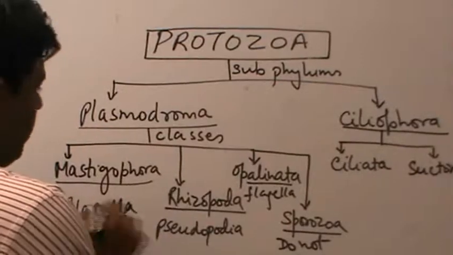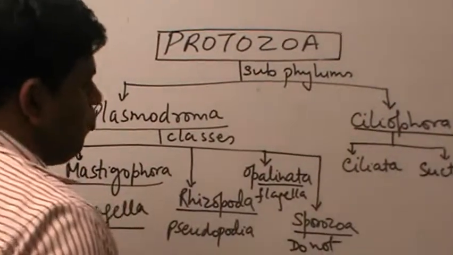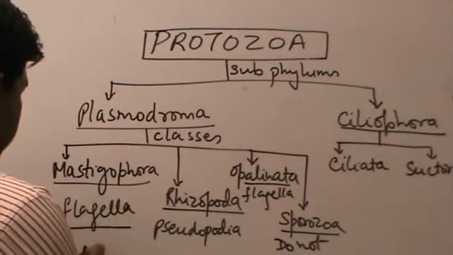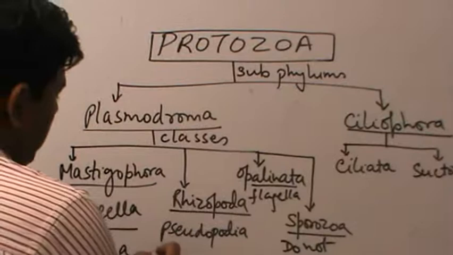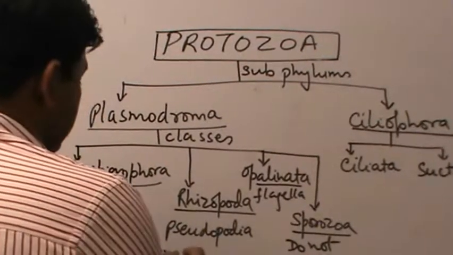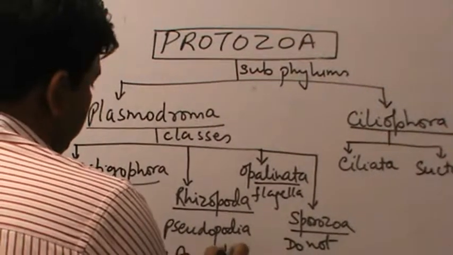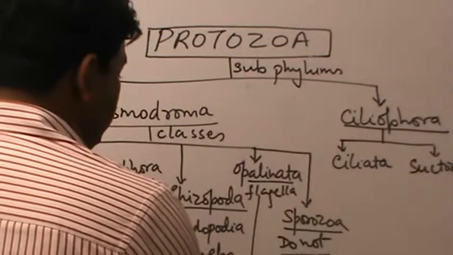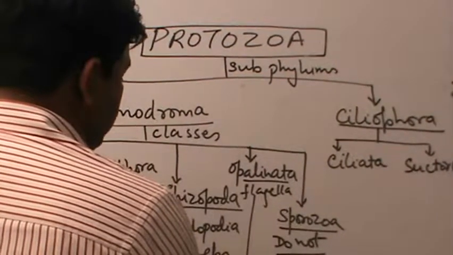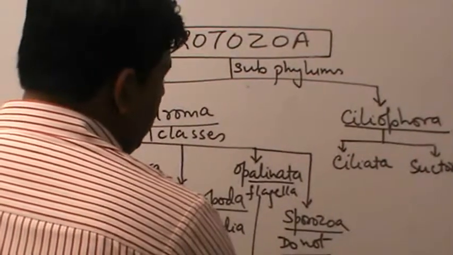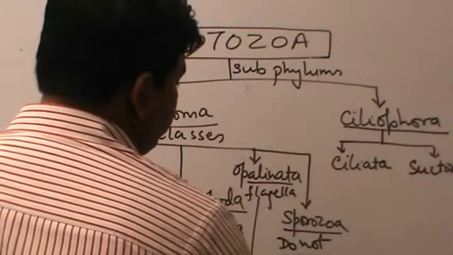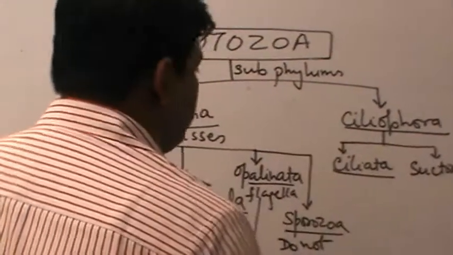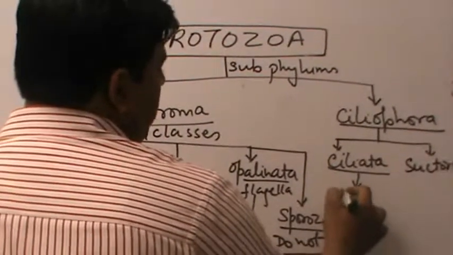The common examples: Mastigophora, Rhizopoda, Opellinata, Sporozoa. This is Euglena. Rhizopoda, with the help of pseudopodia, that is Amoeba. Opellinata, that is Opalina, and this is Plasmodium. Ciliata, example Paramecium.